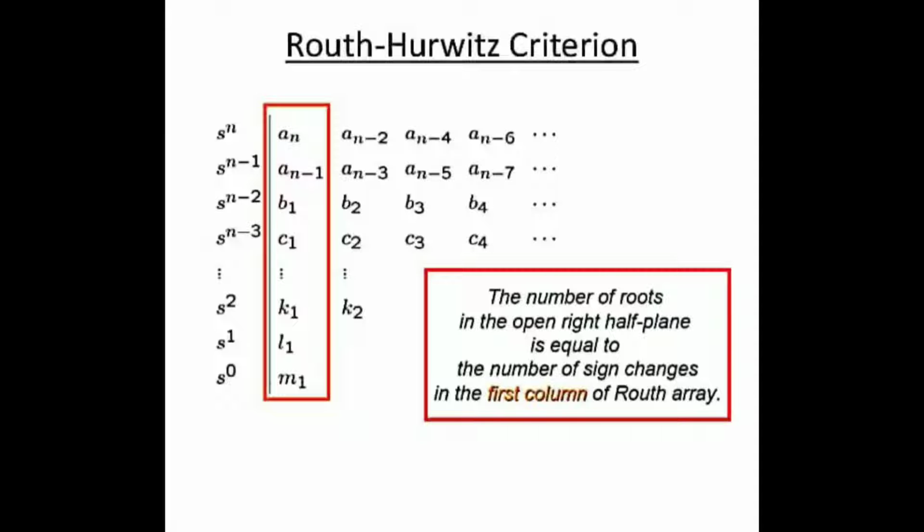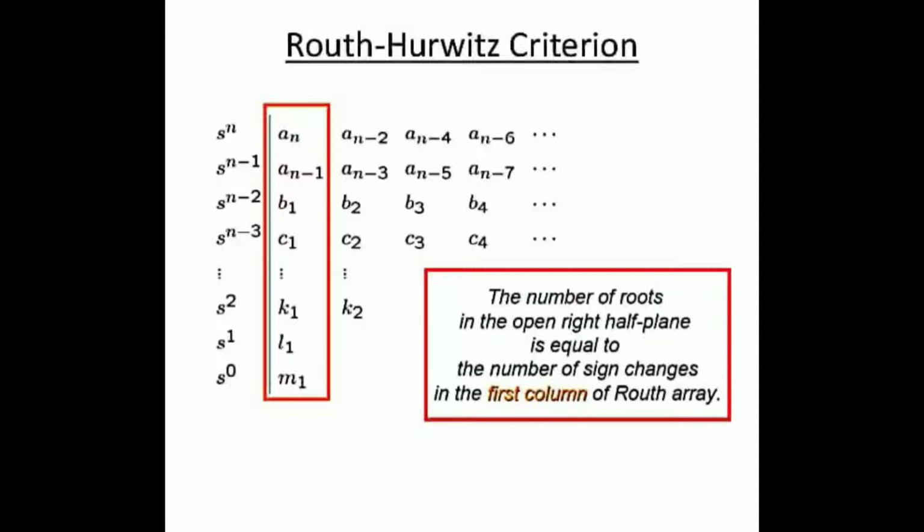If in the first column of the Routh array there are sign changes, then the system is called the unstable system. If there are two sign changes, it means the system has two poles in the right half of S plane, because the poles in the right half make the system unstable.